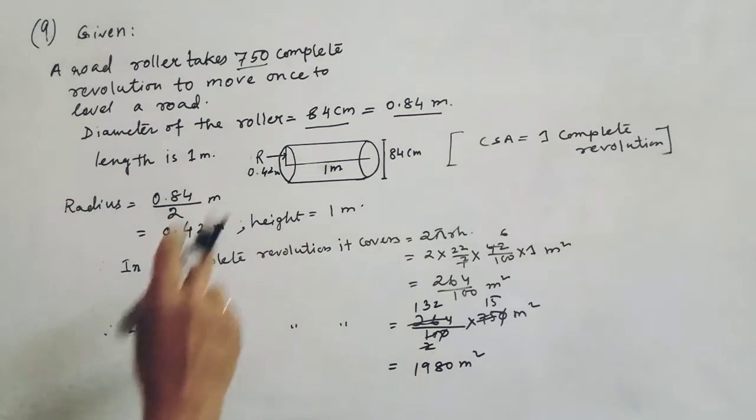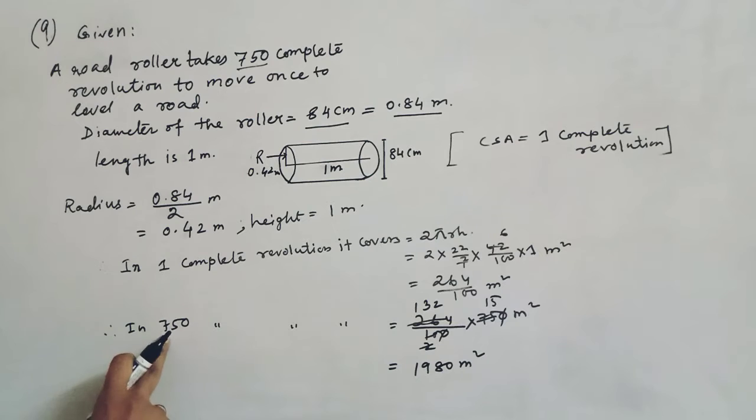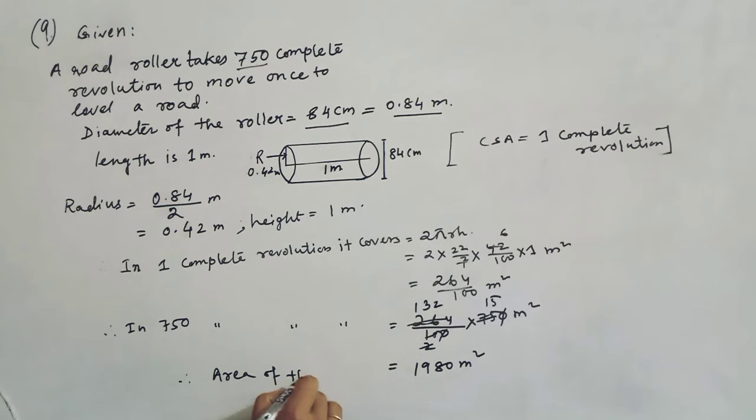So what will be the area of the road when the roller completes 750 revolutions? Therefore the area of the road is equal to 1980 meter square. Understood?